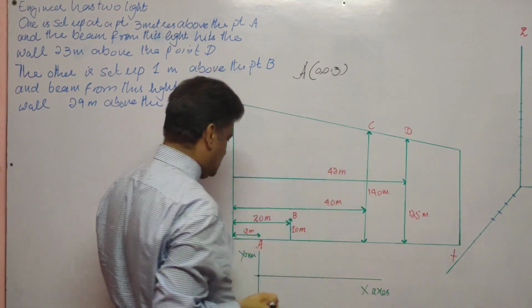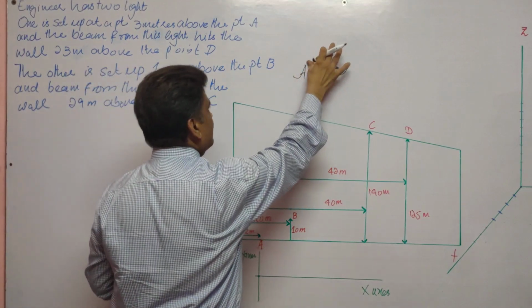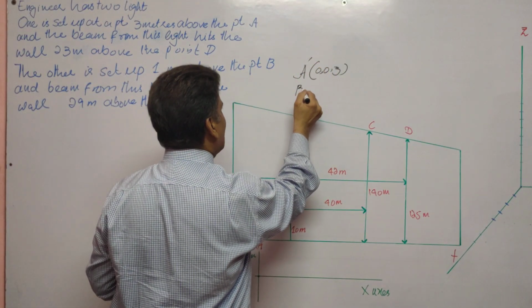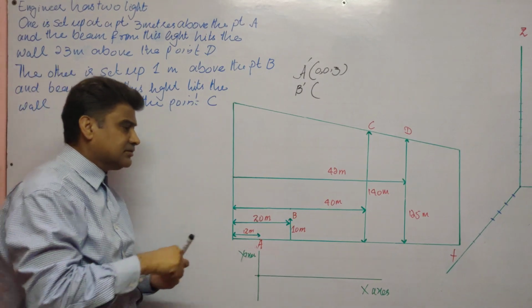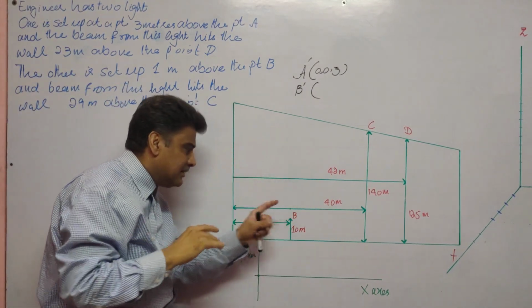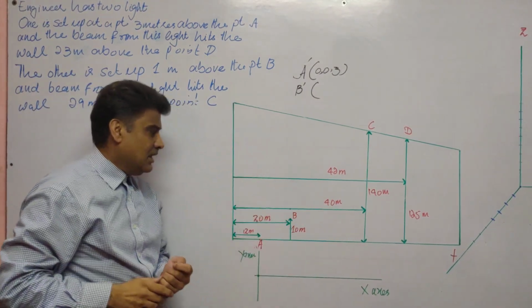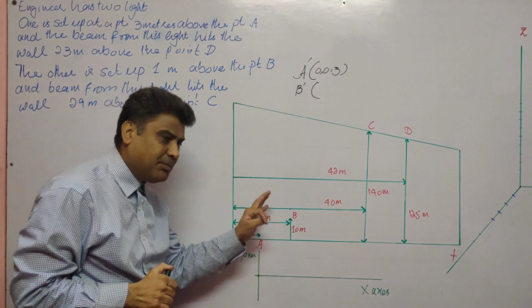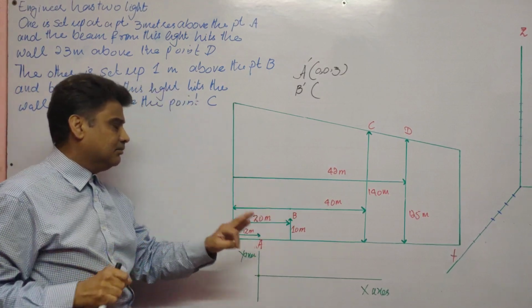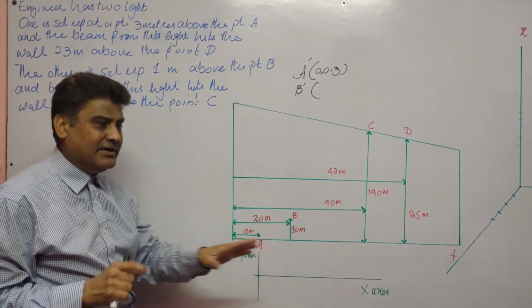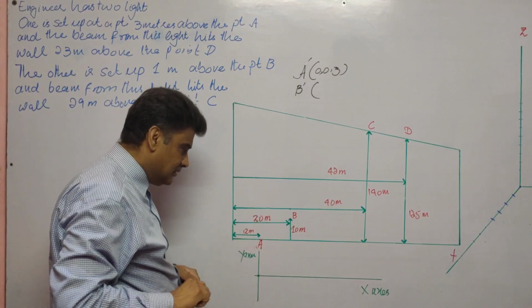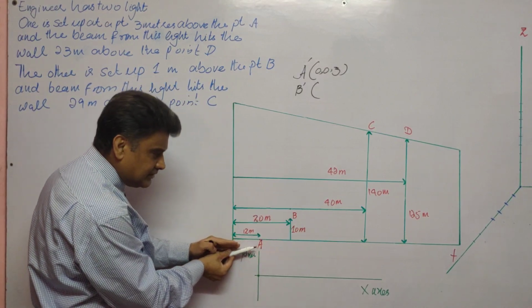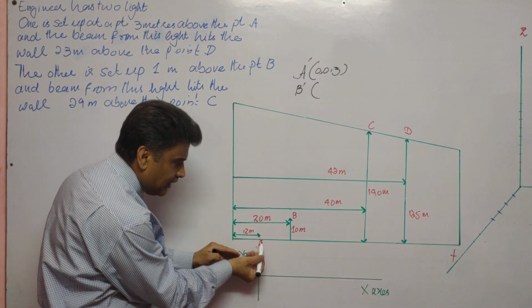Is it clear? Coordinates of B prime. B prime is the point which is 1 meter above the point B. Point B lies in the XY plane, and point B prime is the point where the engineer set up the second light. The coordinates of B prime will be, if we take A as the origin, we count from here.